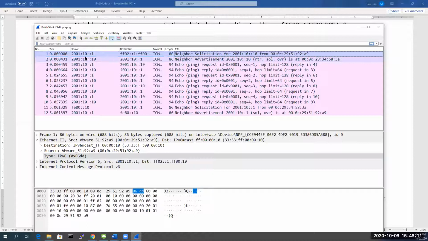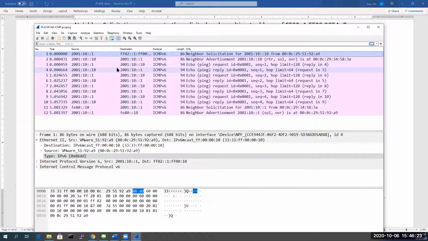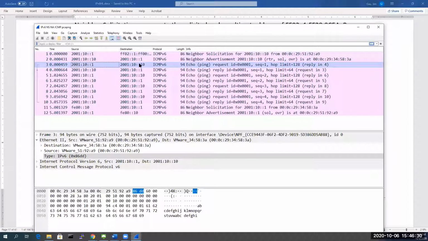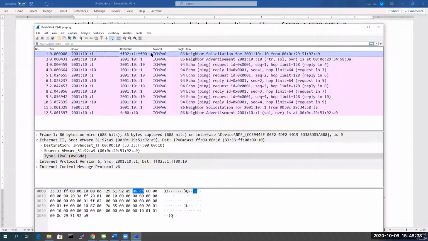If we try to ping from 2001:10::1, with ICMP here, we try to ping 2001:10::10. Basically, 2001:10::1 is going to send out a multicast, and you can take a look at this multicast address.